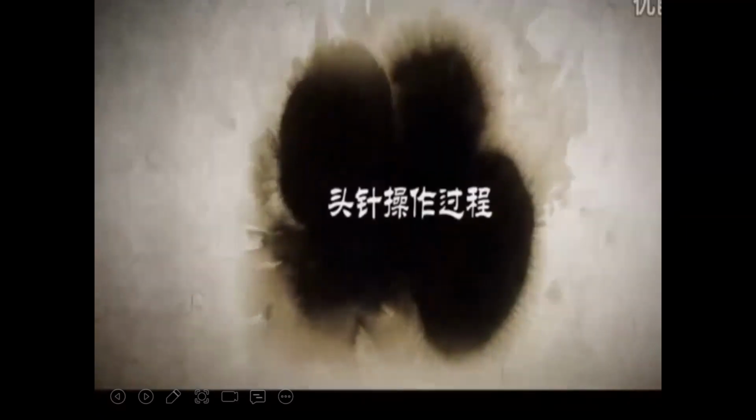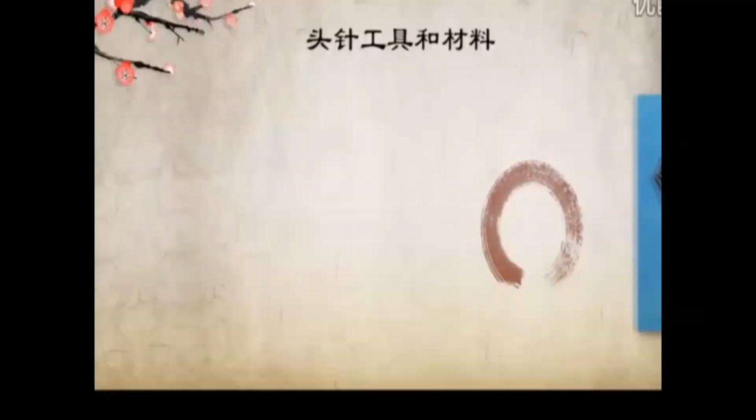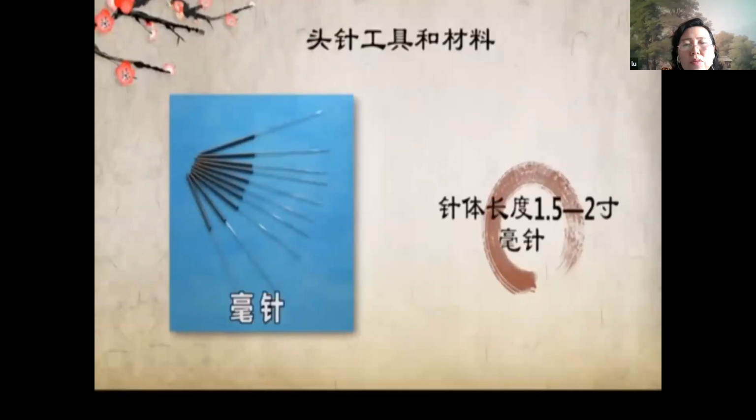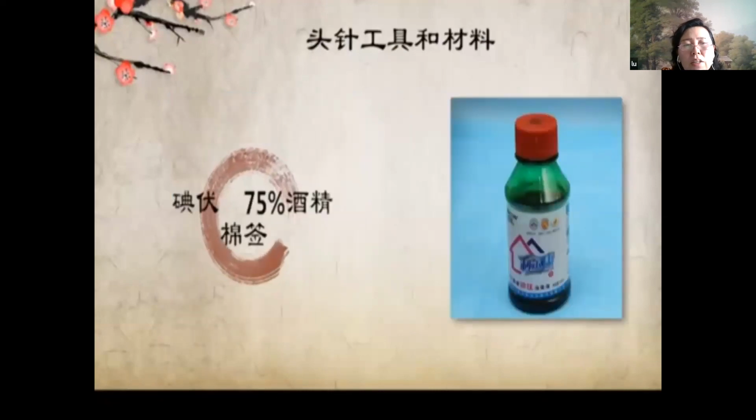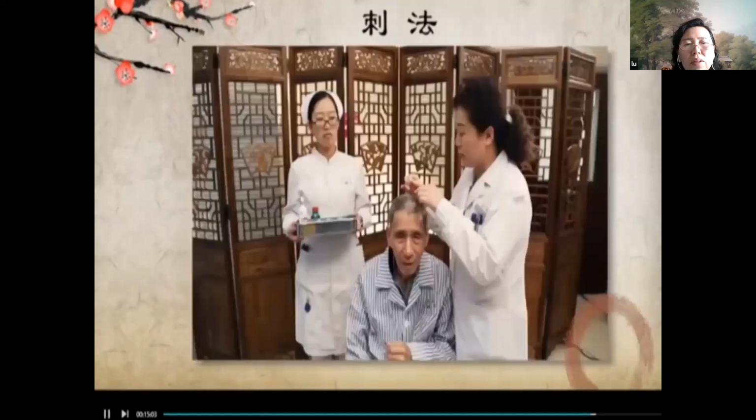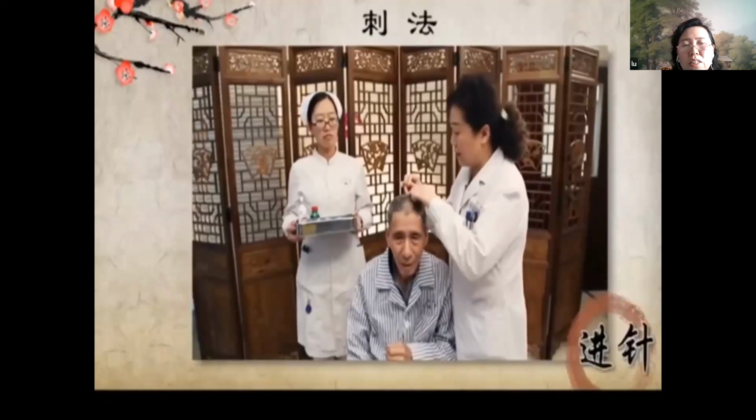So here you can see, I gave you a video to see the manipulation of the scalp. Here we introduced the needle selection and sterilization. And you see the insertion.